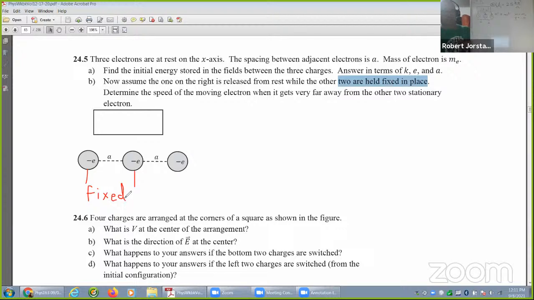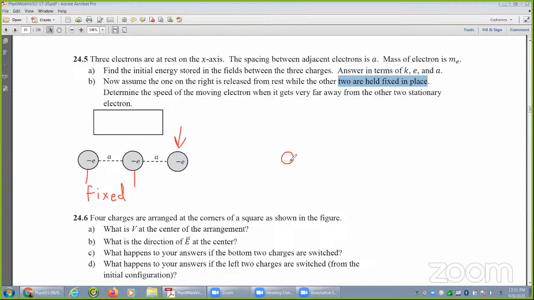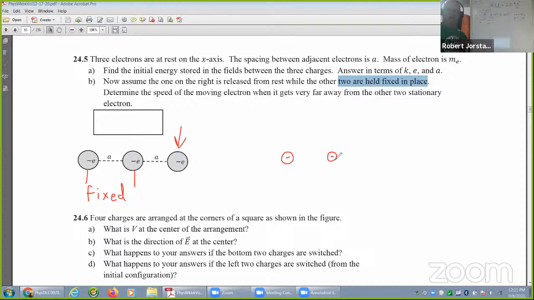If that's the case, what do we expect to happen to this one, the one on the right? Shoot off to the right. So we expect these two are going to sit here in the same spot, and the other one is going to fly away and be moving while the other two are not moving.